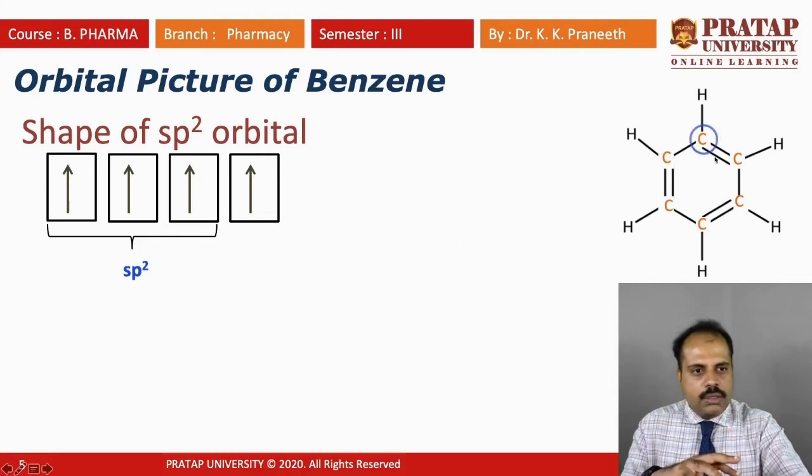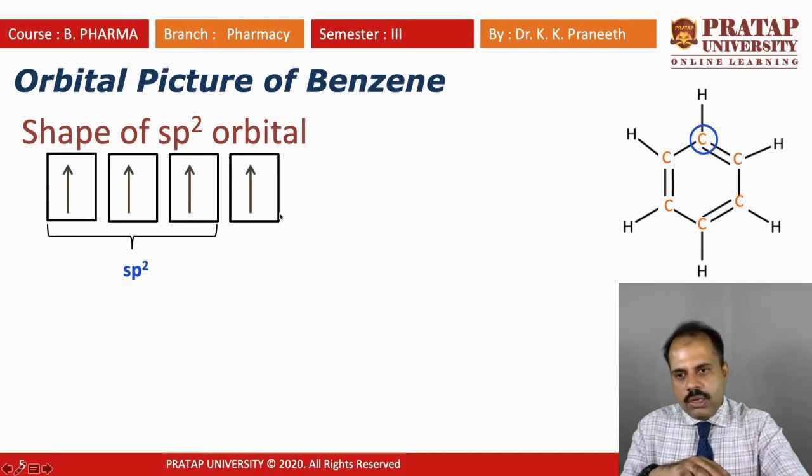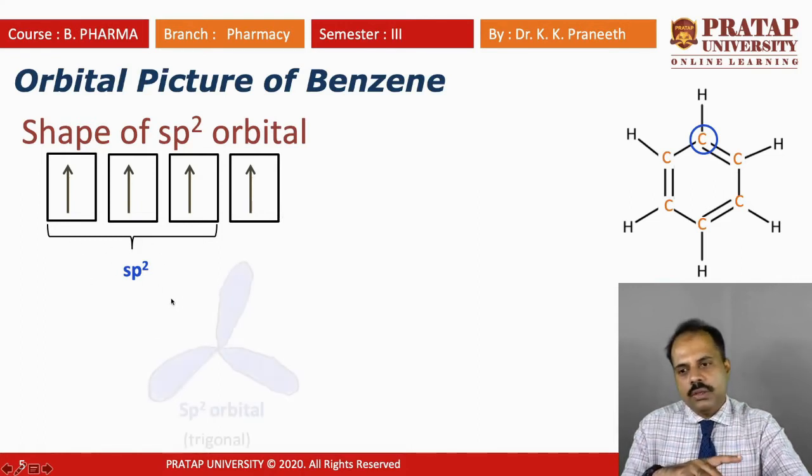This carbon, which I have circled in blue, contains 3 sigma bonds, like this carbon also contains 3 sigma bonds, 1, 2 and 3. So these 3 electrons are used to form these 3 bonds. The sp2 hybridized orbital is used to form the sigma bond, and the other orbital is used to form the pi bond. So let's see the shape of this sp2 orbital.